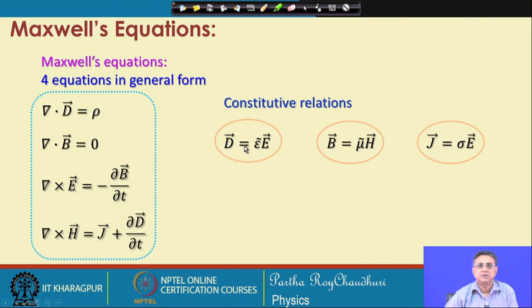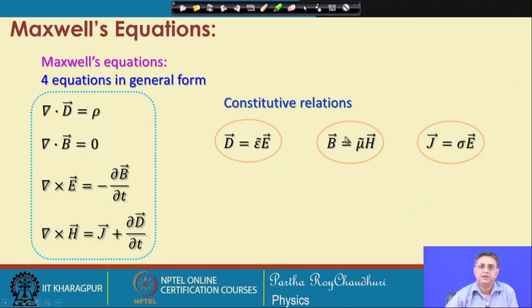D is equal to epsilon into E. This epsilon in general is a 3 by 3, nine component tensor, but in a simple medium it reduces to a scalar quantity.